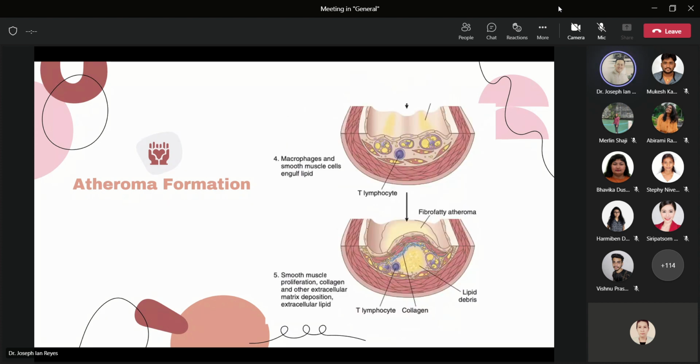Then the macrophages and smooth muscle cells will engulf the lipids that are formed, and there will be proliferation. Collagen and other extracellular matrix deposition would be in that area of damage. Then you will have extracellular lipids.